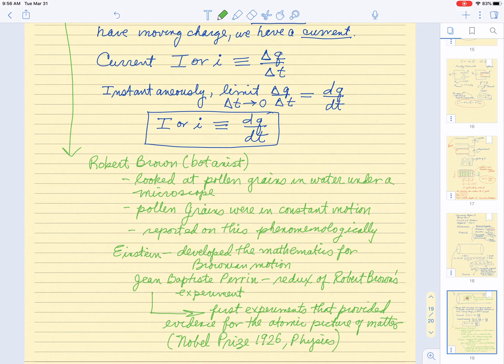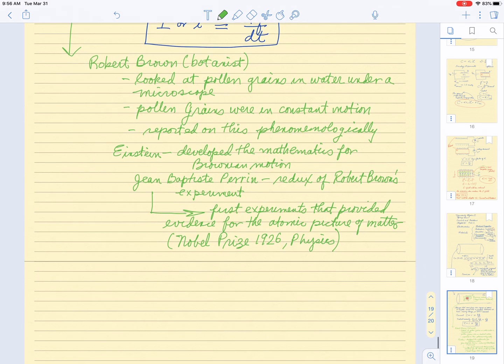Seems like a simple experiment, just kind of watching pollen grains in water, but the physics of that is incredibly far-reaching. As a matter of fact, models of Brownian motion are now used for finance, in particular the stock market. And so the mathematics is very far-reaching.